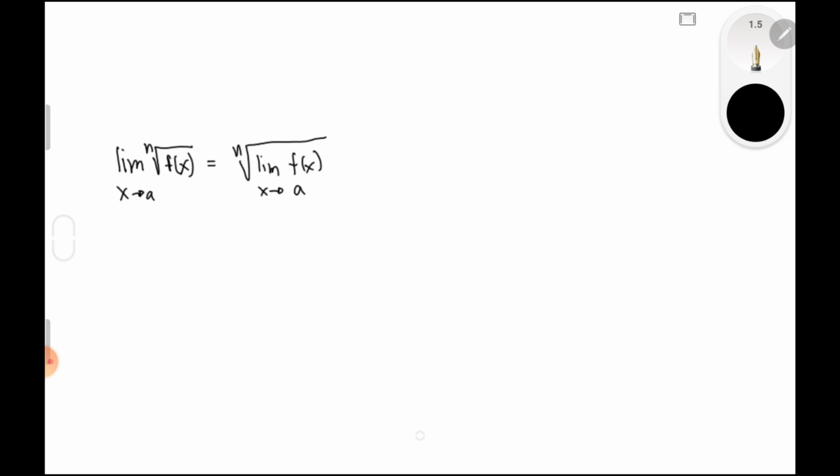So the things to remember when dealing with this nth root is that your n is a positive integer, and if n is an even integer, f of x, which is equal to L, must be greater than or equal to 0.